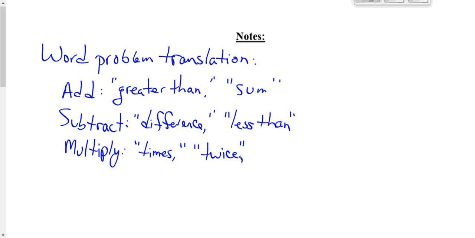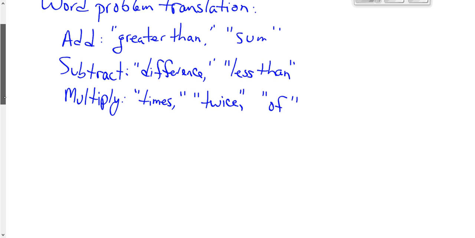Almost most of the time when you see the word of, that means to multiply. 5 of them. Maybe you have pairs of something, right? And 5 of those pairs would be 5 times 2, right? And like that, maybe. Okay? So that's a key a lot of times to multiply.